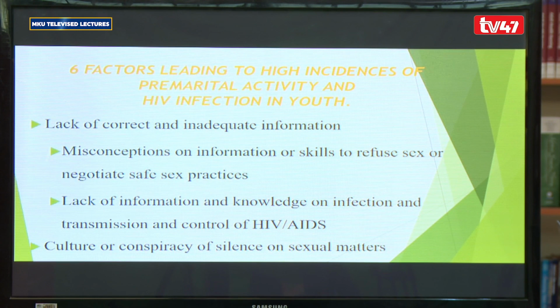Lack of information and knowledge on infection, transmission and control of HIV. If there is a lack of this information to know how HIV can be transmitted, how it can be controlled, the HIV prevalence rates or the incidence rates will remain high.